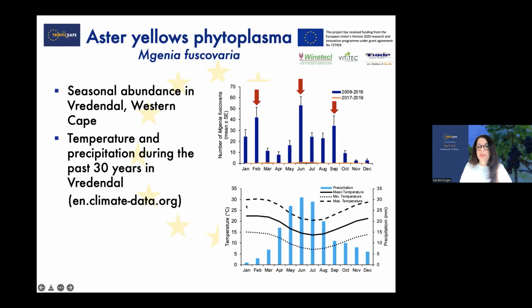Temperatures are usually very high in November and December, the austral summer months, and we have a very low abundance of Mgenia fuscovaria. However, with the grapevine phenology, with the grapevines ripening and during the harvest period, even though temperatures are high, we again experience a high peak of Mgenia fuscovaria.